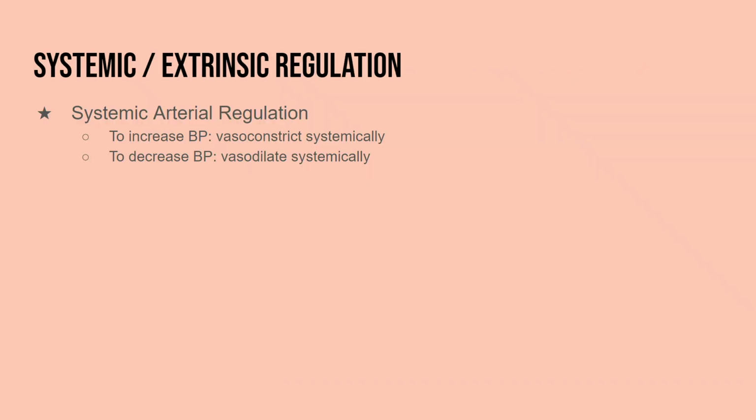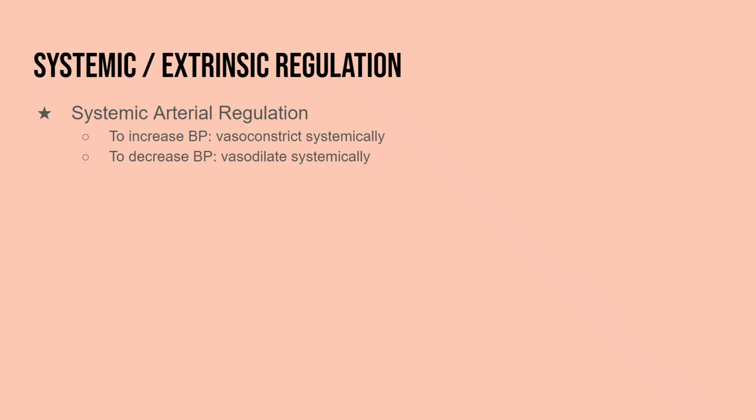So everything we talked about here is autoregulation in the kidney, so it's kind of local regulation by the nephron. There's also systemic arterial regulation to regulate blood pressure, so I wanted to mention that here. If you want to increase your blood pressure, you would vasoconstrict systemically.